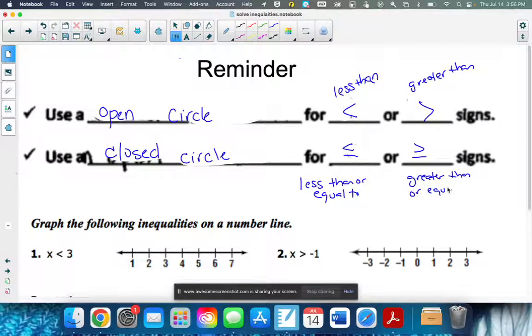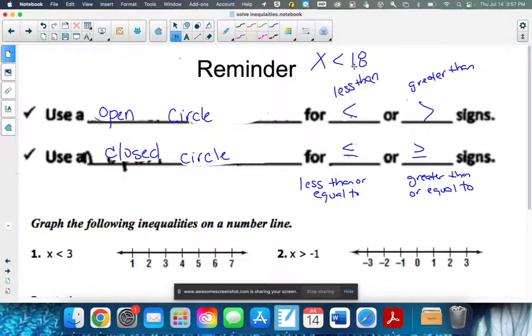And that's a very big difference, because for the less than or equal to, greater than or equal to, you're allowed to actually be the number that is represented in your inequality. And for the less than or the greater than, you're not allowed to be that number. So if I said you have to be less than 18 to, I don't know, go to Sam's Treehouse on Post, less than 18 means that on the day you turn 18, you cannot go anymore.